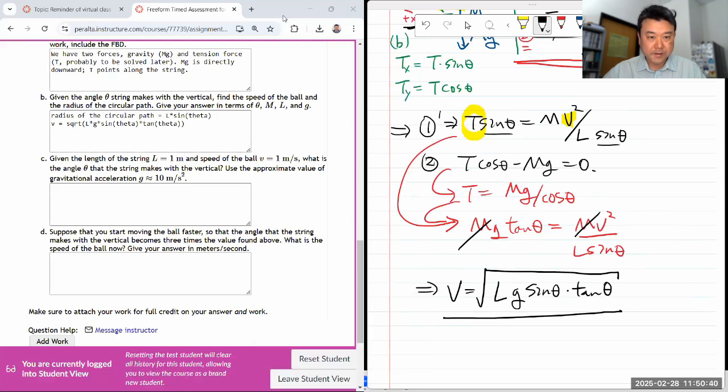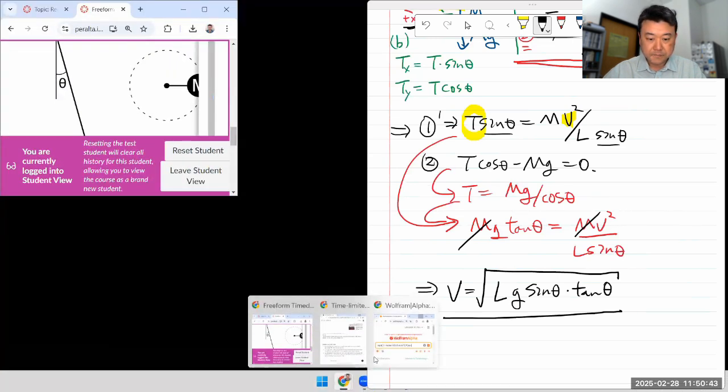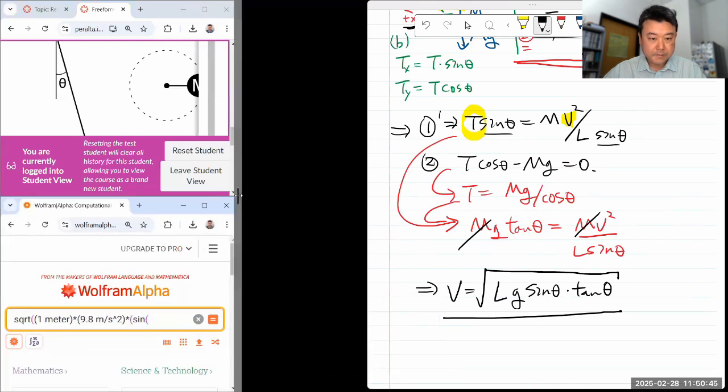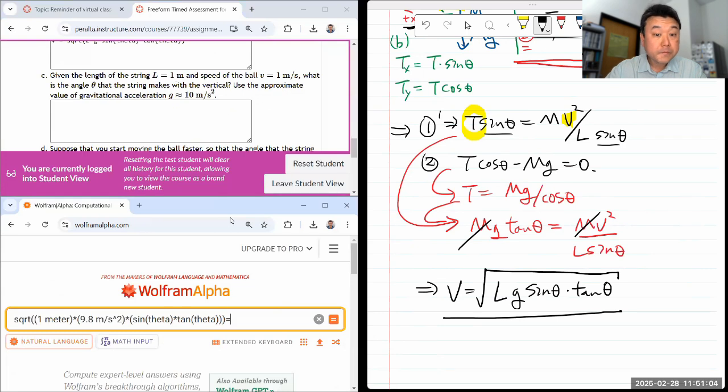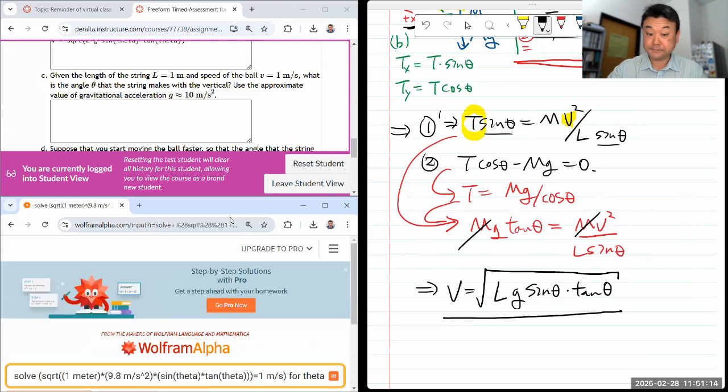So what I'm doing is, I can have Wolfram Alpha solve for this. So we'll say sine of theta times tangent of theta, and we'll say that is equal to v, 1 meter per second, and we'll say take this, solve it for theta.